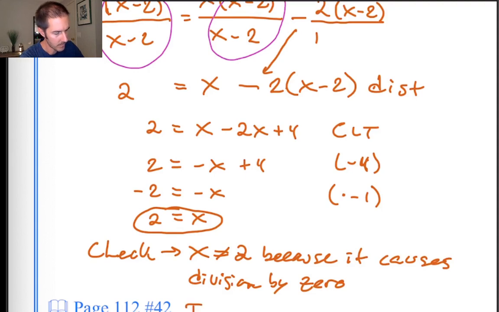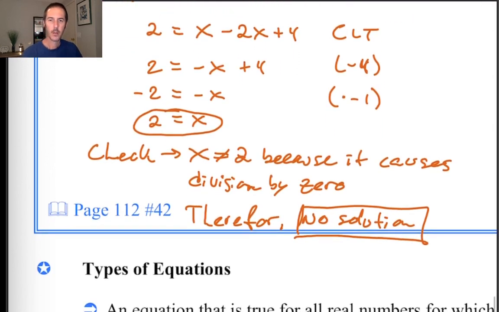Therefore, no solution. The solution is, oops, I went off the bottom of the screen, sorry about that. So the solution is that there's no solution.